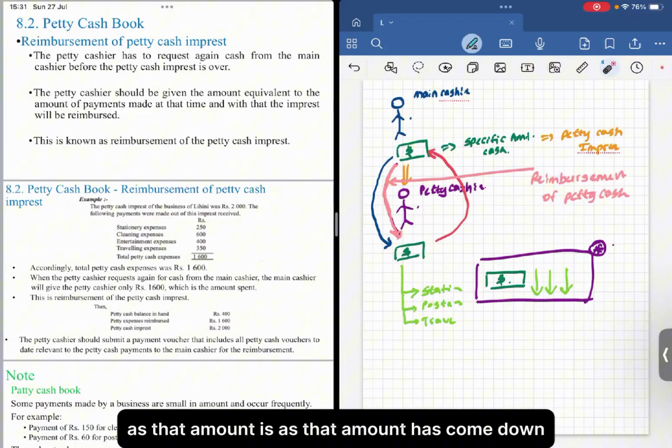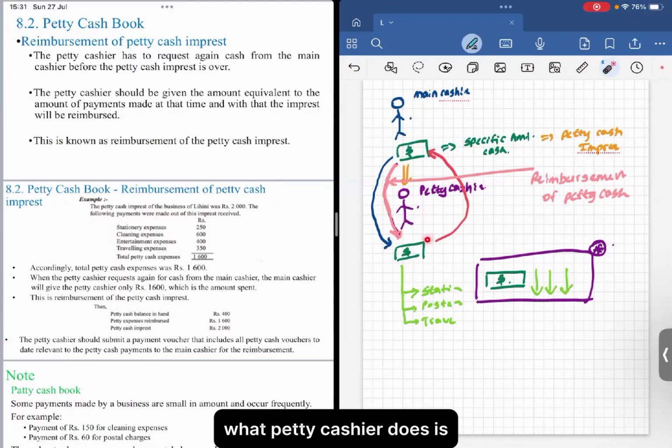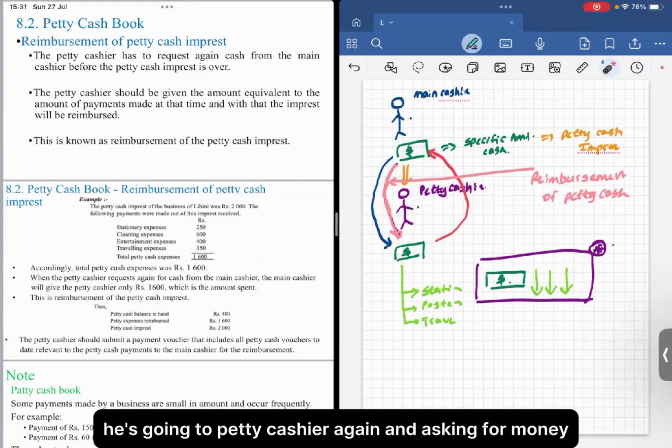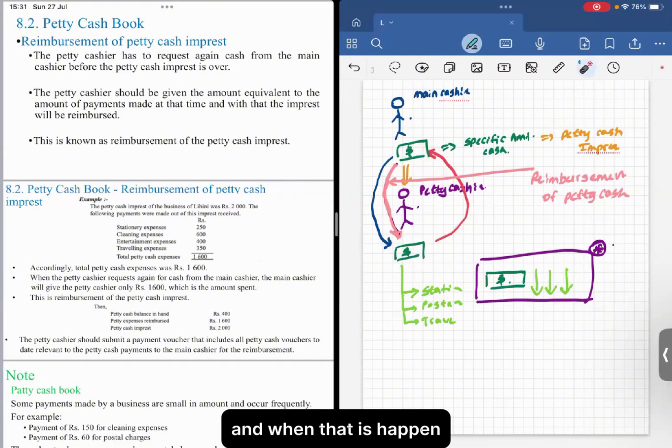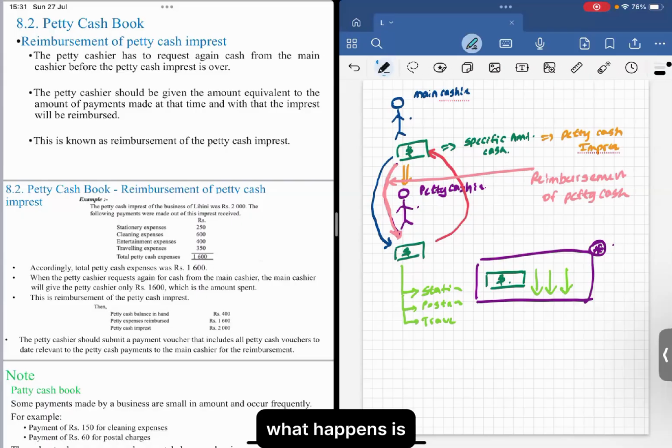As that amount has come down, what the petty cashier does is he goes to the main cashier again and asks for money.